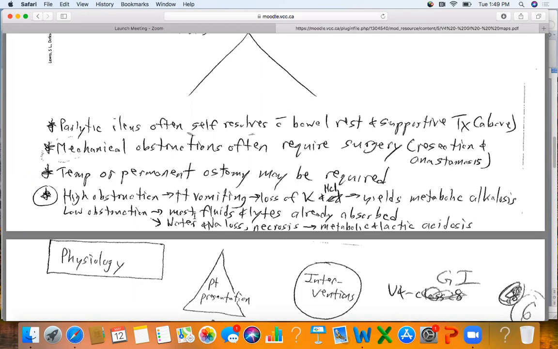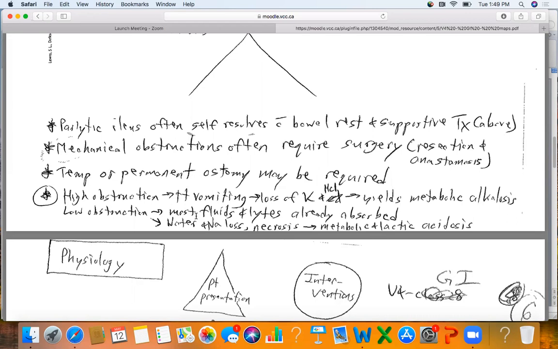Alternatively, if the obstruction is low, the large bowel is not absorbing water, we're getting our lytes and fluids, sorry, but we're still losing a large amount of water lower down. Basically, if the bowel's not bringing enough water into the body, then we end up with a lower circulating volume, and potentially that could lead to shock.